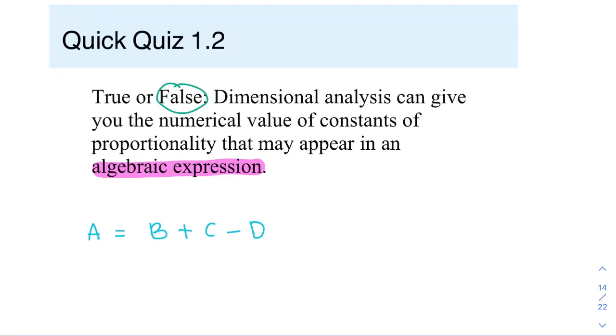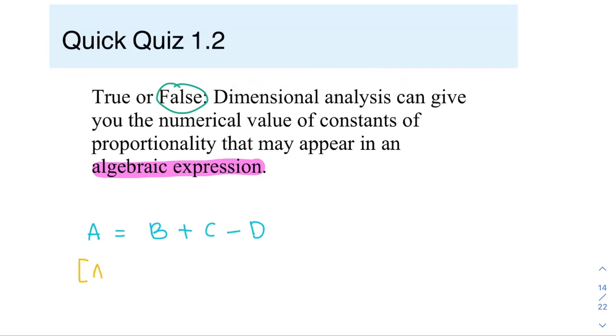This process can only be applied whenever the units of B, C, and D are the same as the unit of A, right? If this is a length, this must be a kind of length, and this also must be a kind of length. Then you can have an addition or subtraction process. So the unit of A is going to be the same.